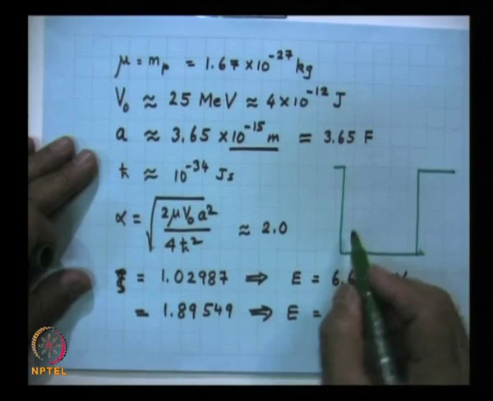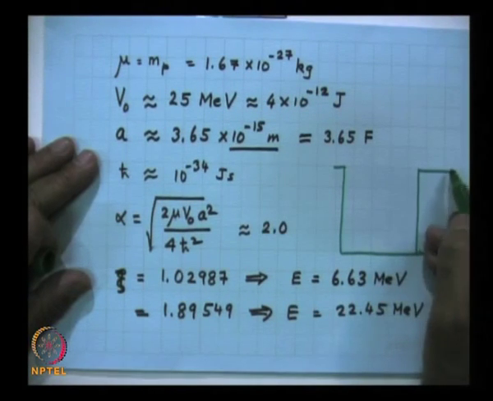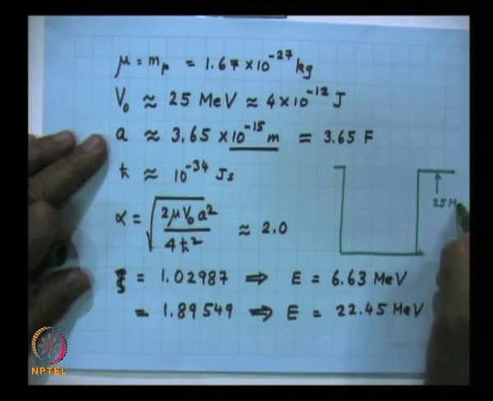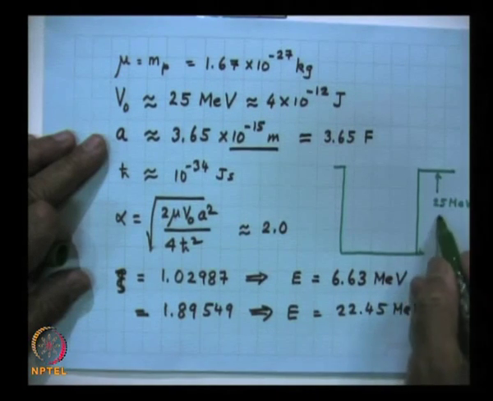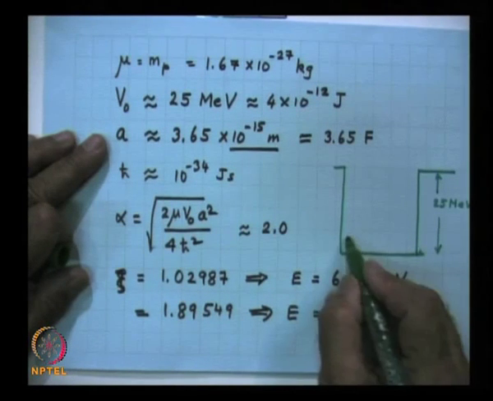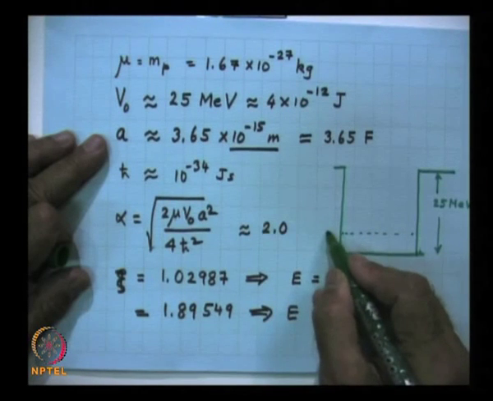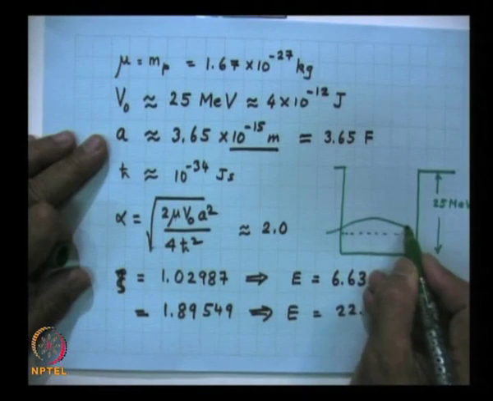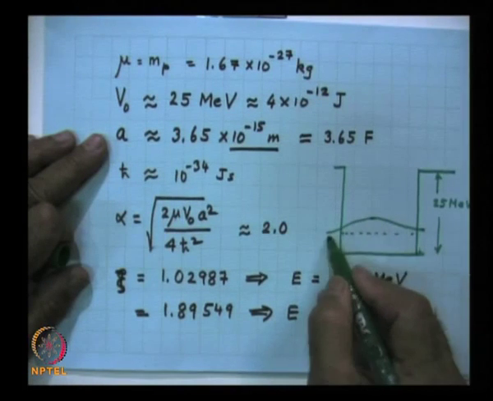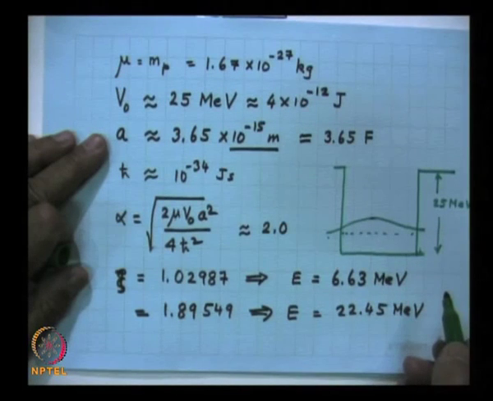and the depth is about 25 MeV. Here is the first state, the ground state, which has 6.63 MeV, and the wave function will be a symmetric wave function like this. It will be a cosine solution here and an exponentially decaying solution outside.